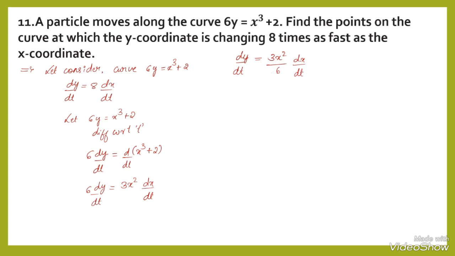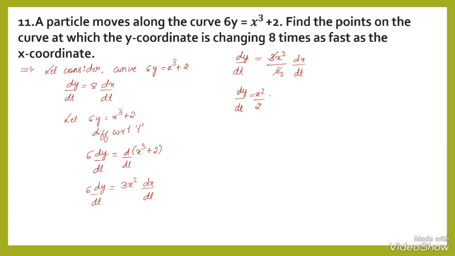Now we have to substitute the values. 3 ones are 3, 3 twos are 6, so it is x square by 2 times dx by dt.